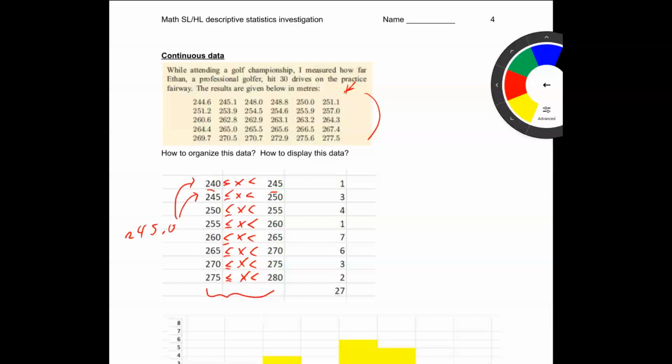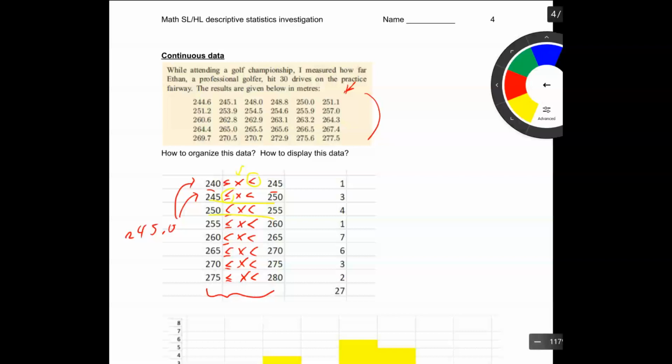Well, I can see that 245 would fall in the left one, because in this one, 245 is less than or equal to x. So even if I put 245 into this statement, it would be true, because 245 is less than or equal to 245. Whereas if I tried to put 245 here, 245 is not less than 245, so it doesn't fit here. I want 245 to fall into one of these classes and not into more than one class. So I don't want any overlap, and that's exactly why here I have less than or equal to, and here I have less than. Okay?